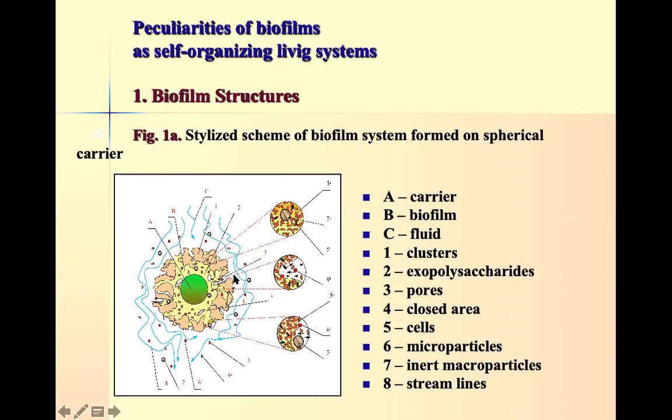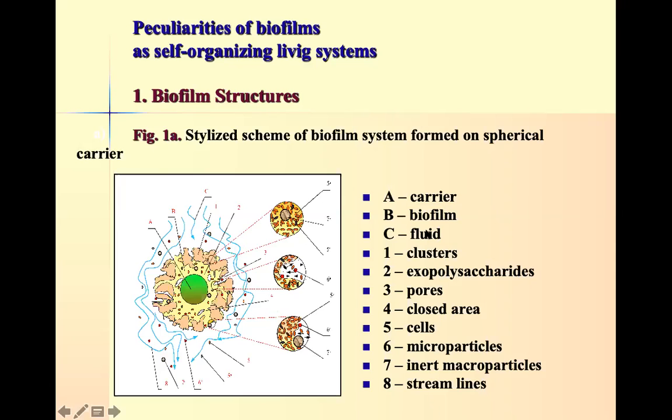So lots of pores are there. Cells at the base are inactive, and on the outside some cells are mobile also. So this is like a house structure they develop. It is called a stylized scheme of a biofilm system formed on a spherical carrier. If the carrier is spherical, then in the liquid medium they form a biofilm like this.